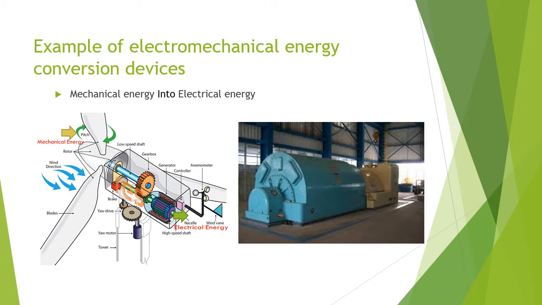As you can see in this slide, windmills or wind generators convert the mechanical energy from the wind into electrical energy from the generator. In another picture you can see steam generators that change mechanical energy into electrical energy.